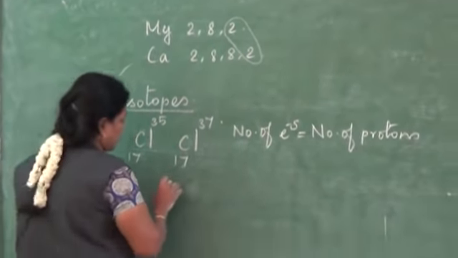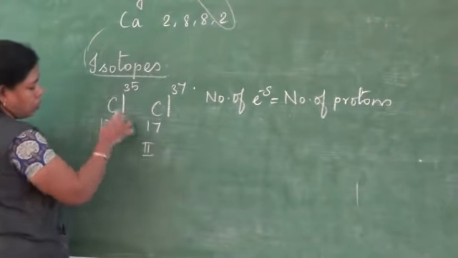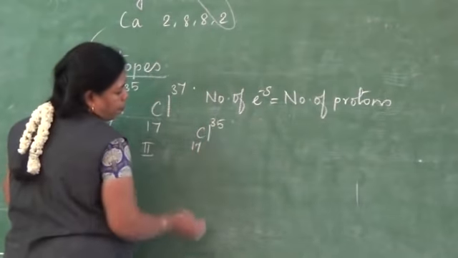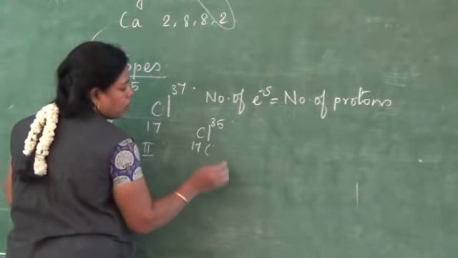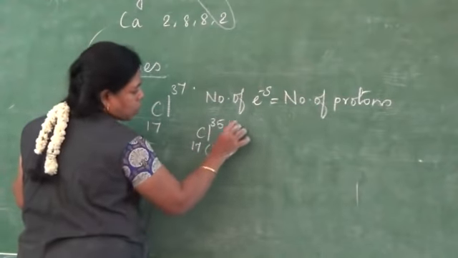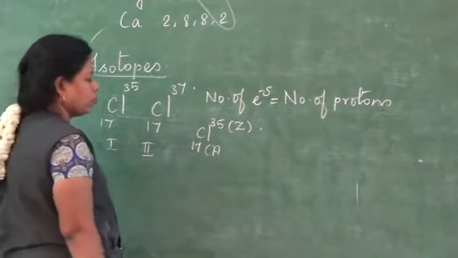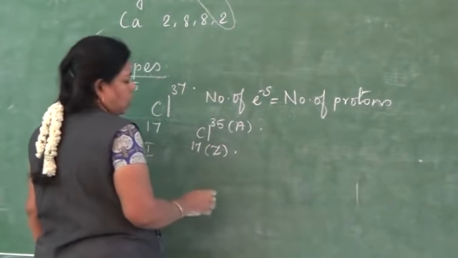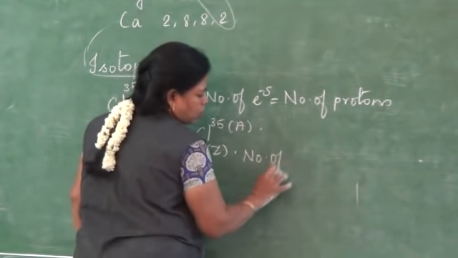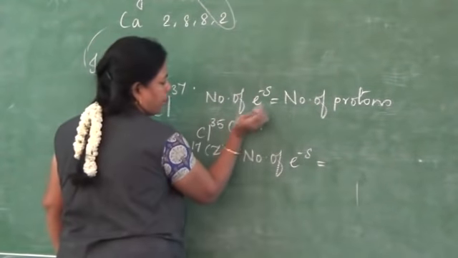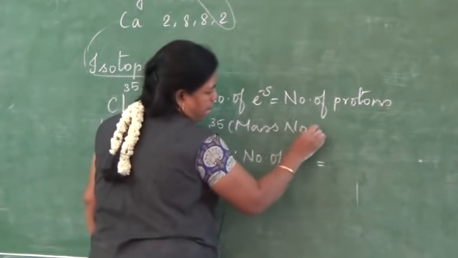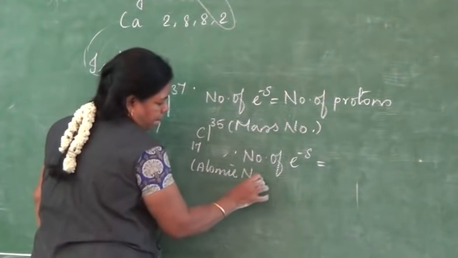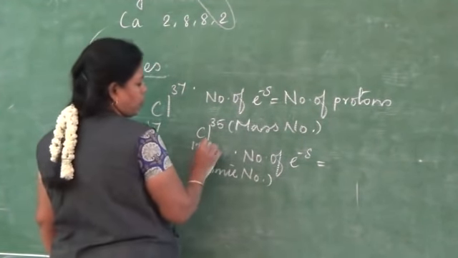Let us see the first case, chlorine 35. The mass number is denoted by A and the atomic number is denoted by Z. What is the number of electrons possessed by the first case?